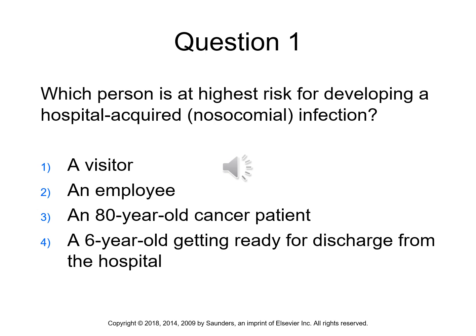The cancer alone is going to decrease or weaken your immunity. So on top of being 80 and having all those other decreased physiological factors, the person does have cancer. Out of this list of patients, they're the most vulnerable to developing a hospital-acquired or nosocomial infection.